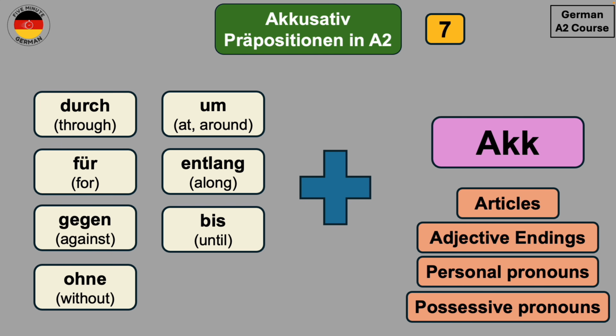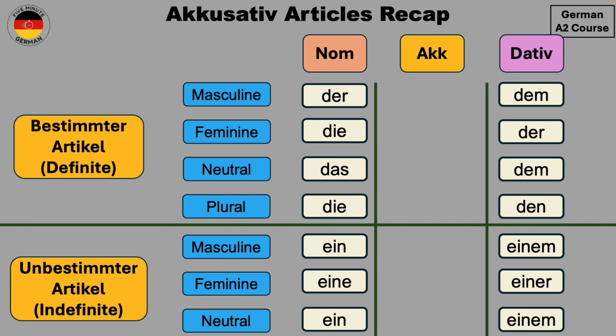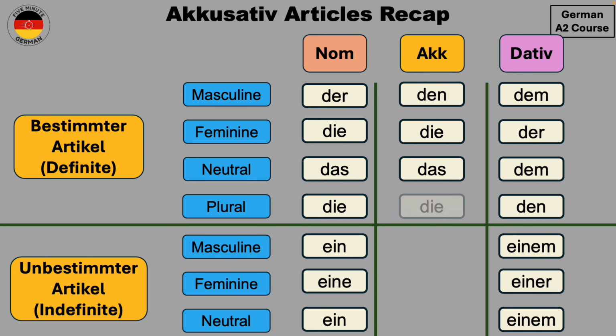Now before we start with these prepositions and take a look at the examples, let's do a quick recap of the accusative articles. So here you see the nominative and dative articles. The accusative bestimmter or definite article for masculine is den, for feminine it is die, for neuter it is das, and for plural it is die.